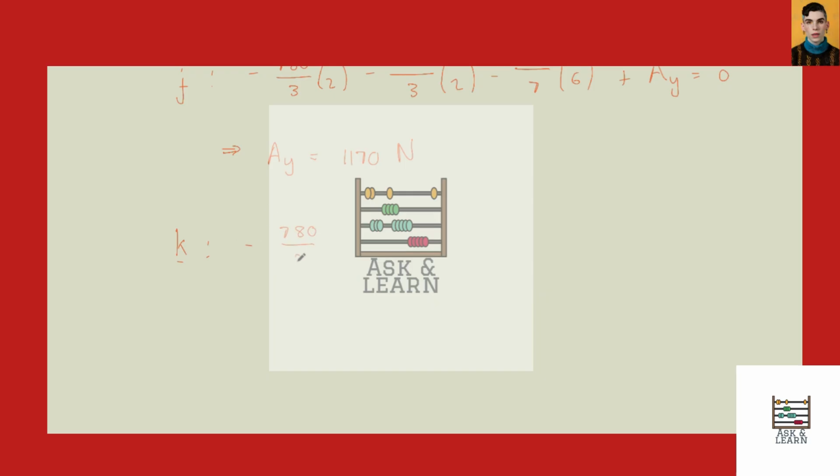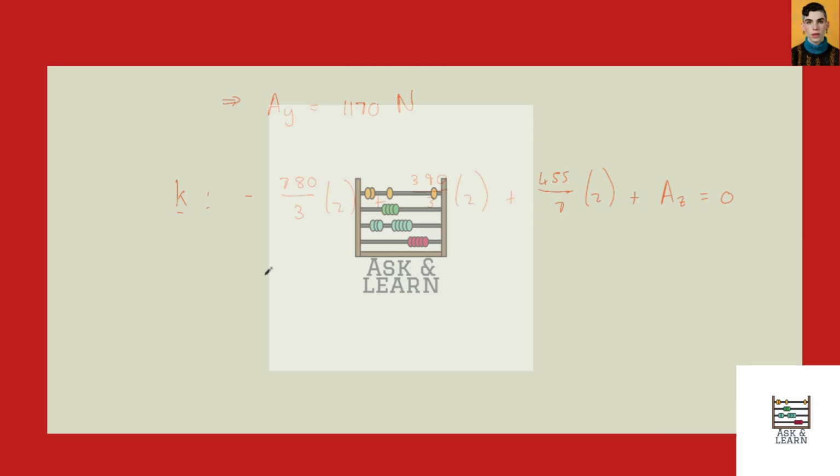Now finally, if we take the coefficient of K, we get minus 780 over 3 times 2 plus 390 over 3 times 2 plus 455 divided by 7 times 2 plus the z component of the reaction AZ must equal to 0. And again, we solve for the one unknown, and we get AZ, the z component of the reaction, to be positive 130 newtons.